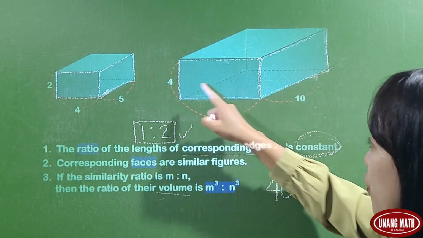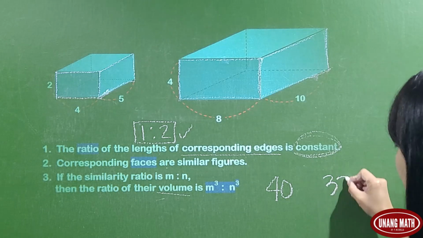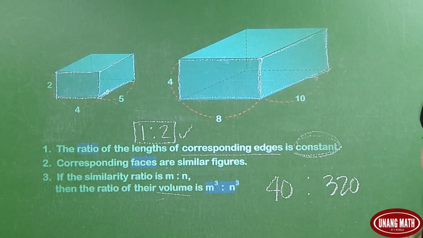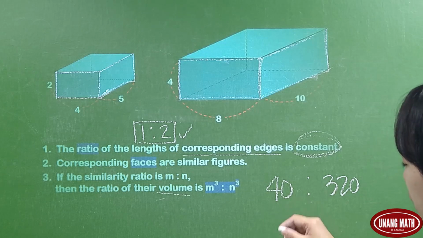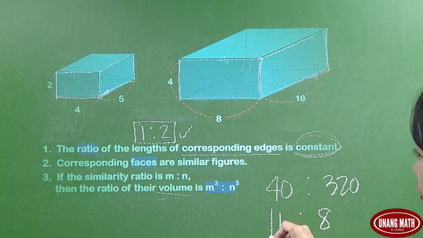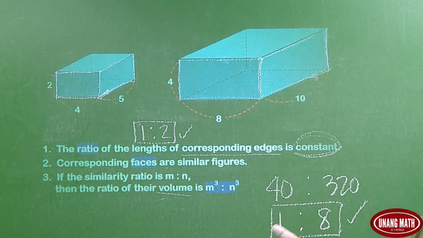What about this figure? 4 times 8 times 10, that would be 320. So the ratio is 40 is to 320, but we can simplify. Divide both numbers by 40. So 40 divided by 40 is 1, and this is now 8. So the ratio of their volume is 1 is to 8.